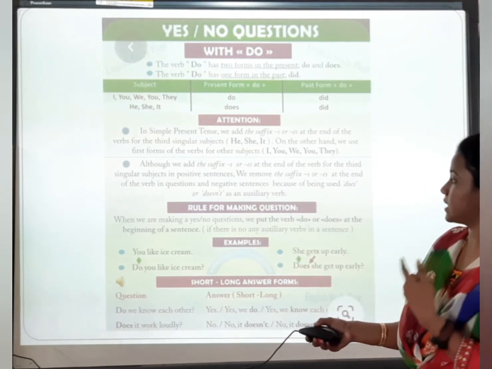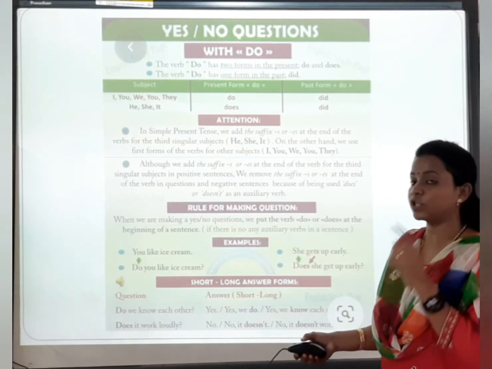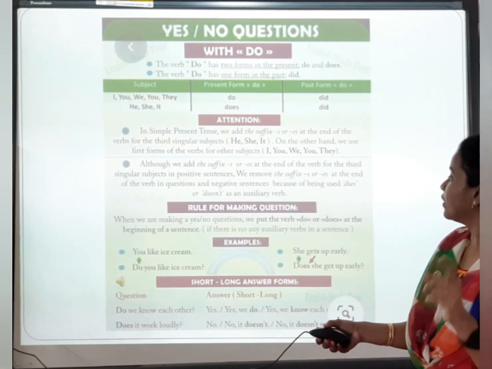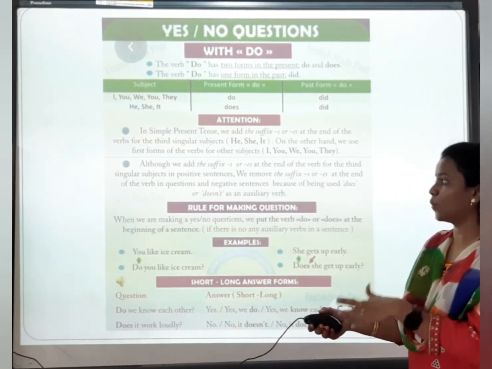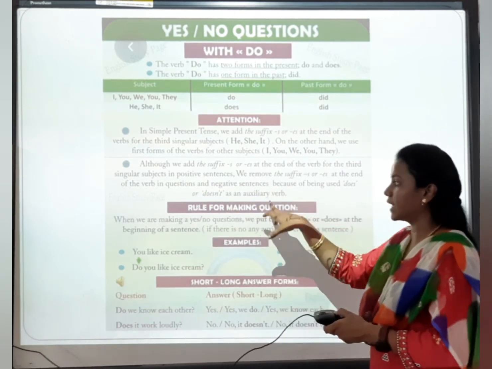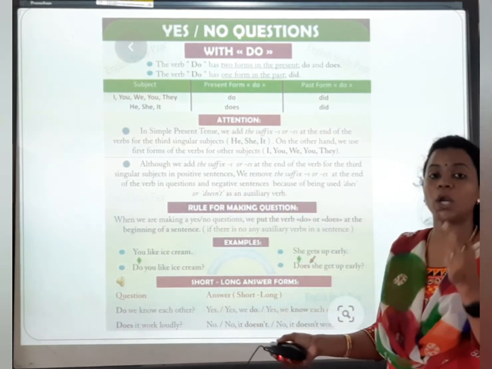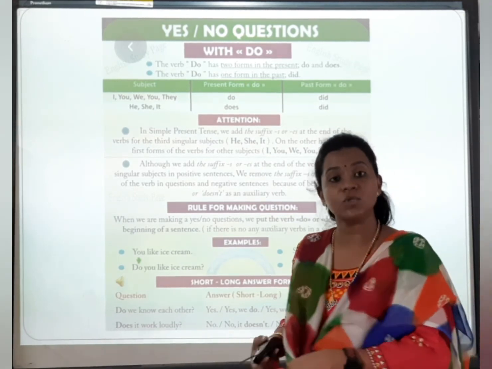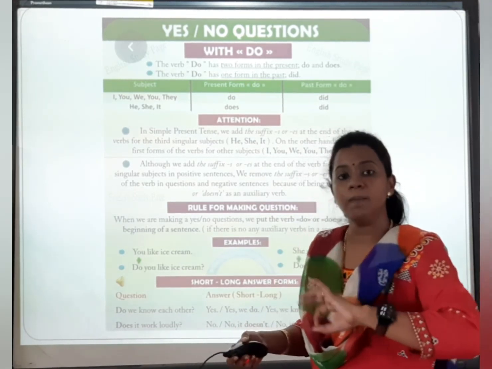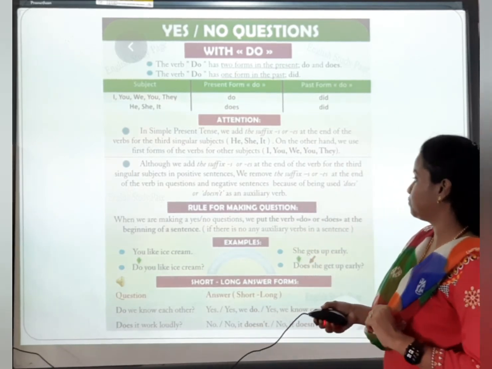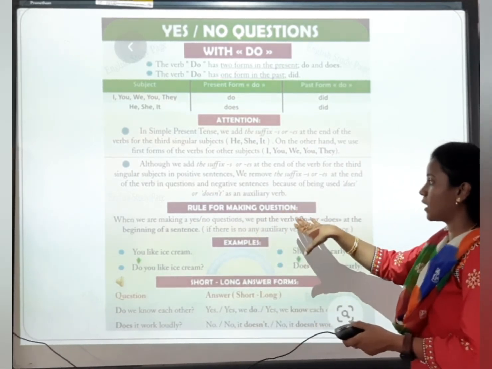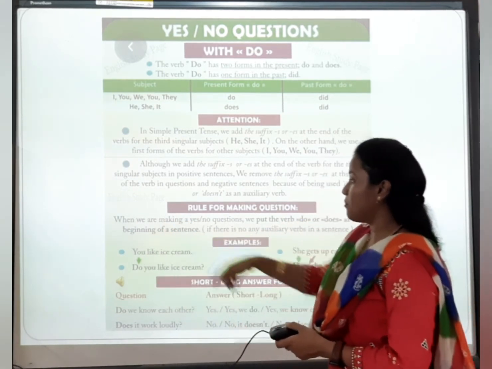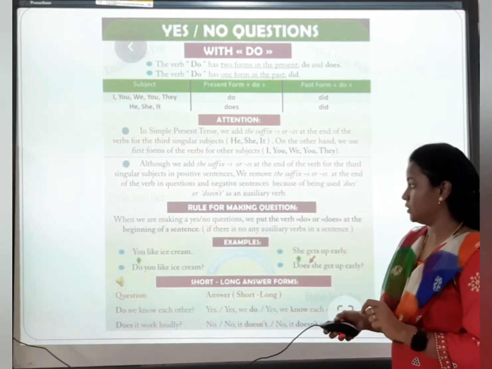Although we add s or es at the end of the verb for the third person singular subject in positive sentences, we remove the s and es for the verb in questions and negative sentences. जब question और negative sentences होता है तब हम verb के पीछे जो s और es लगाते हैं वो हम remove कर देते हैं.